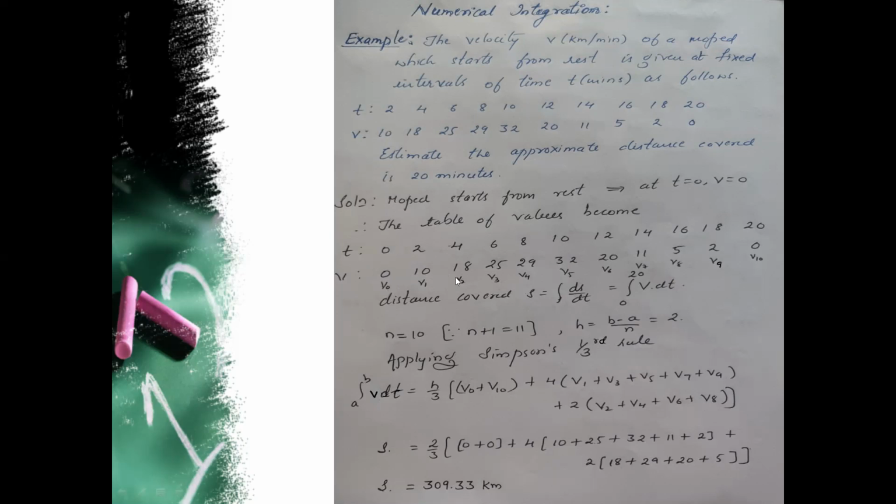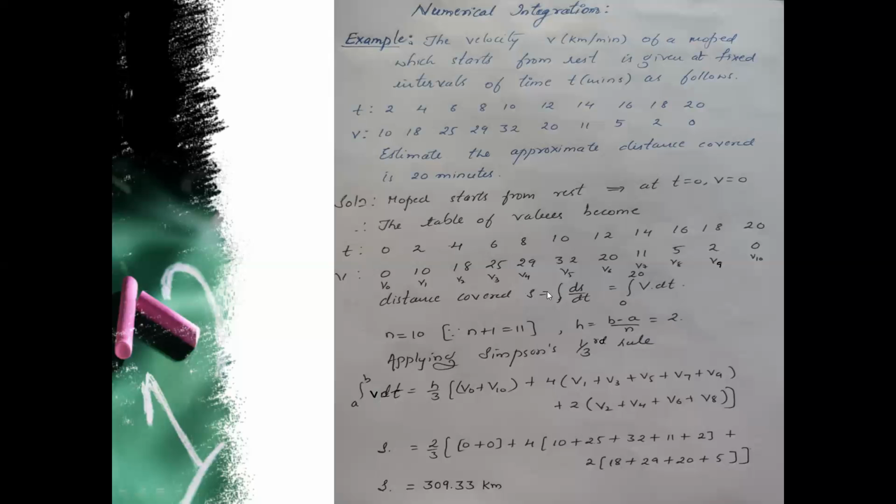This changes your v1, v2 values here, so we need to write them. Now write the other values correspondingly. Better it is to note them down like this: v naught, v1, v2, or if you are not convenient, you can write y naught, y1, y2 like that also, and instead of t you can write x also. Now we need to find the distance.